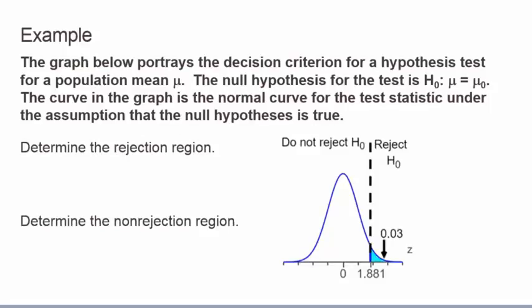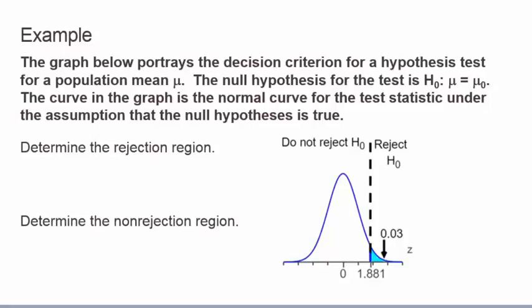Example. The graph below portrays the decision criterion for a hypothesis test for a population mean mu. The null hypothesis for the test is H sub 0: mu equals mu sub 0.